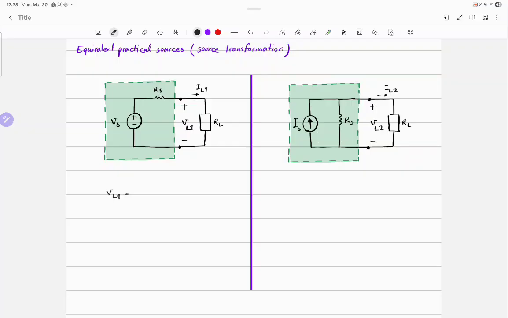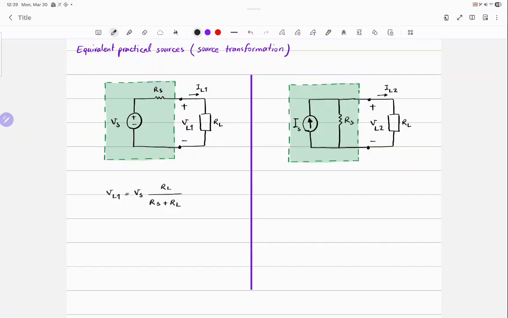Resistance, like a ratio. Voltage division, right? You don't have to find current. So do you agree that VL1 is Vs times RL divided by RS plus RL? Do you agree with that?